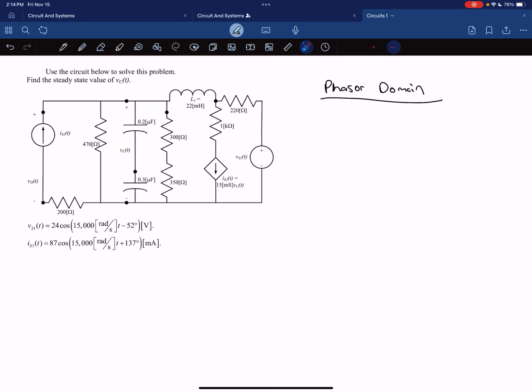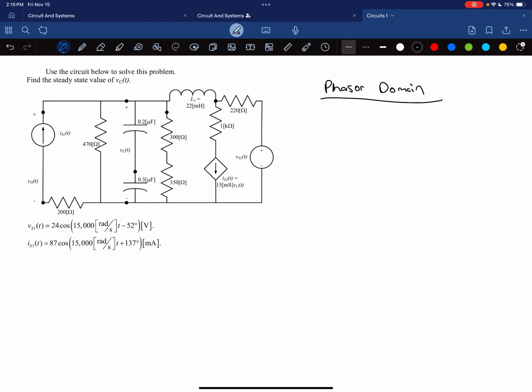Whenever we convert this circuit to phasor domain, we can treat this inductor and this capacitor as a resistor. That's why we do that. And then we're going to find VC in my phasor domain. We're going to find this, and we're going to convert back to time domain so we can get the answer.